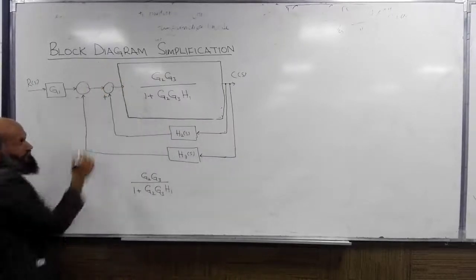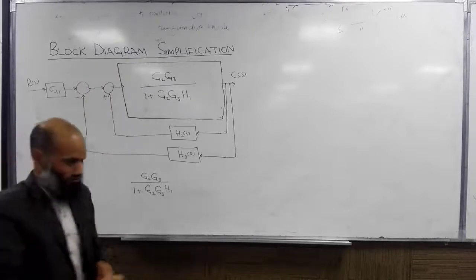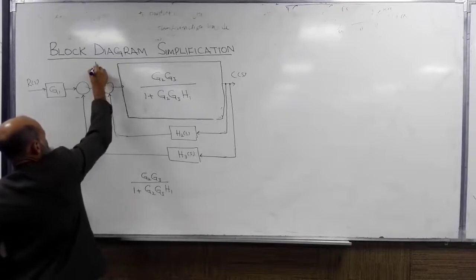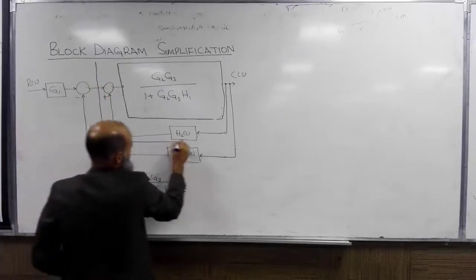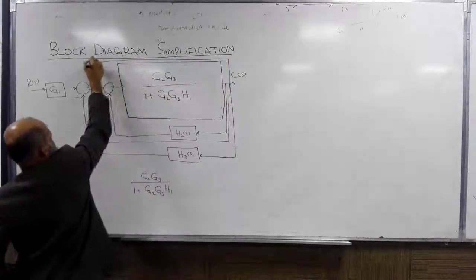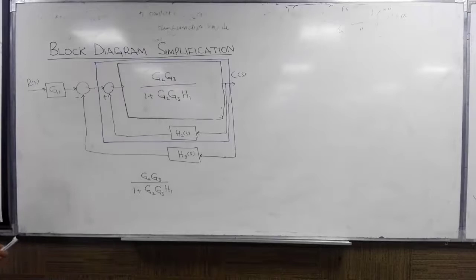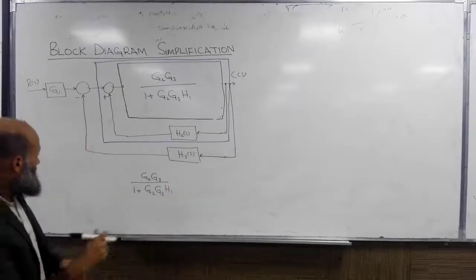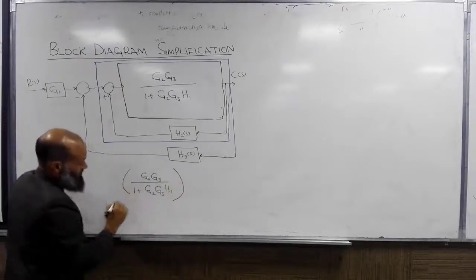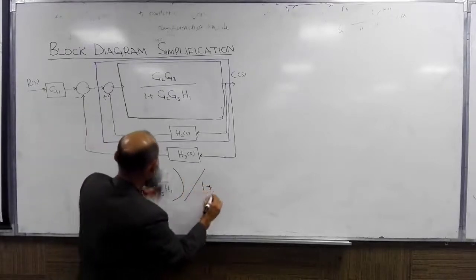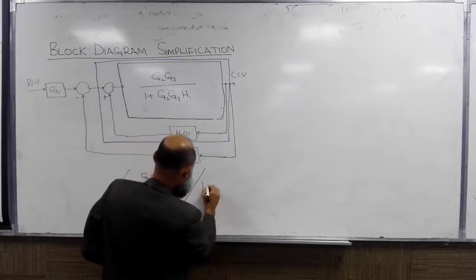Here is again a feedback connection. So we replace it. And what will be the transfer function that should appear in this block? This divided by 1 plus minus, right?